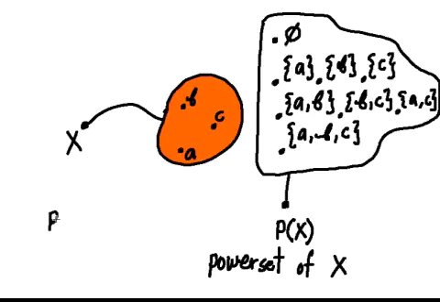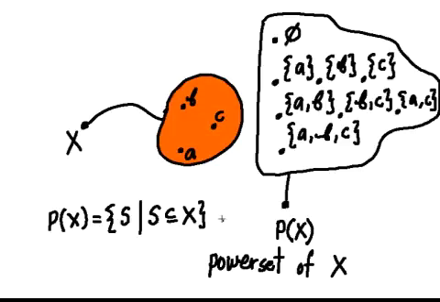We can write this out in set theoretic notation as P of X being equal to the set of all possible S's, and that's where I use the capital letter, such that S is a subset of X.